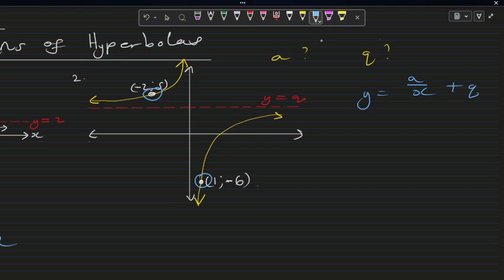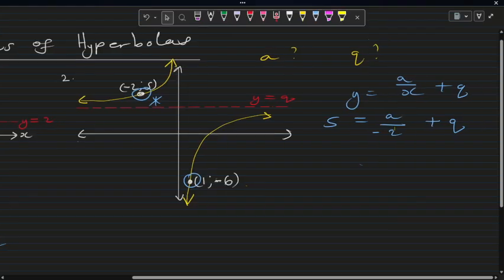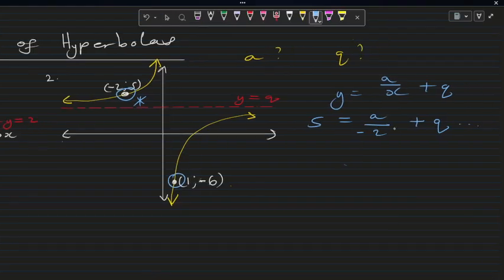Okay, let's get that done. Considering this point, we see that y is equal to 5 and x is equal to minus 2. We can call this equation 1.